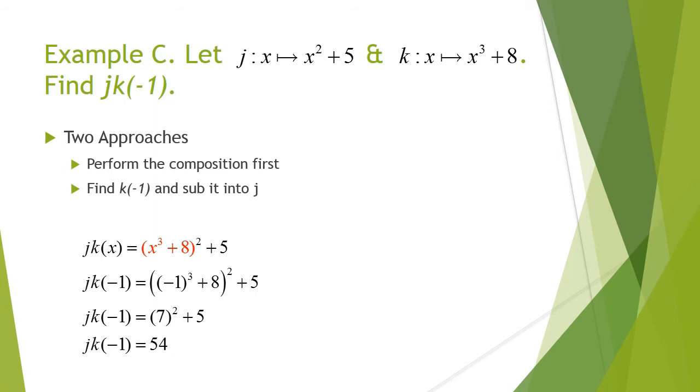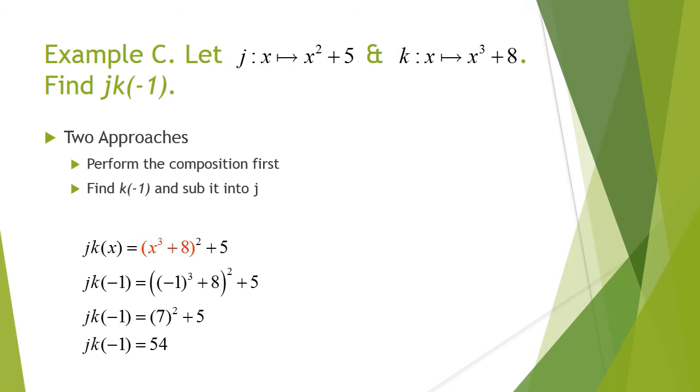So here's the method where you perform the composition first. So you can see right here that I substituted function k's output, x cubed plus 8, into function j. So everywhere I saw x, I plugged in x cubed plus 8, it's still squared plus 5. So there's my composition, and now I'm doing my substitution of -1 in for every x.